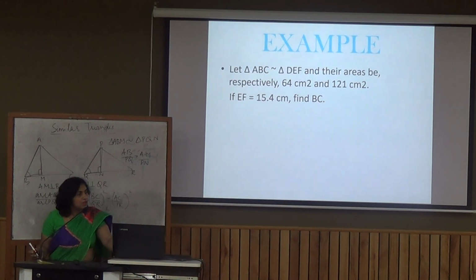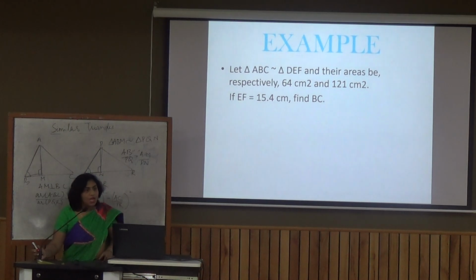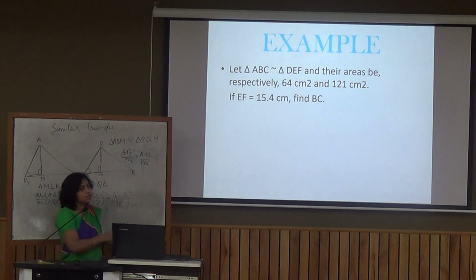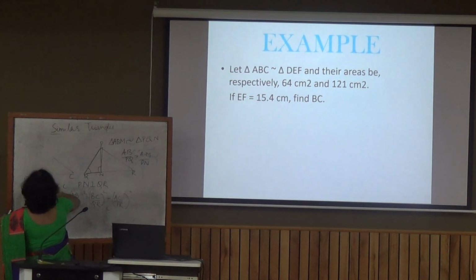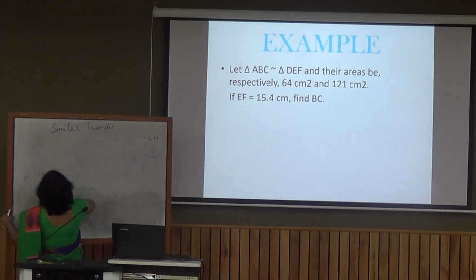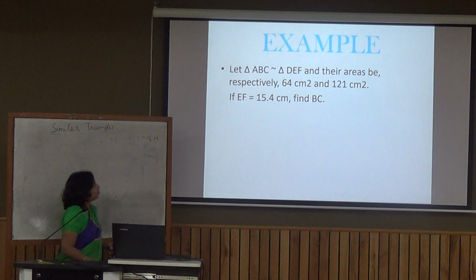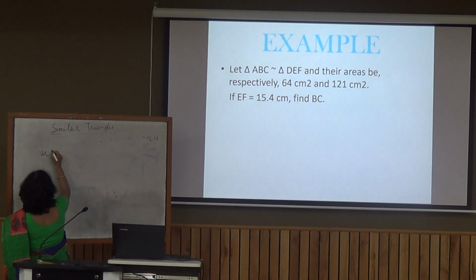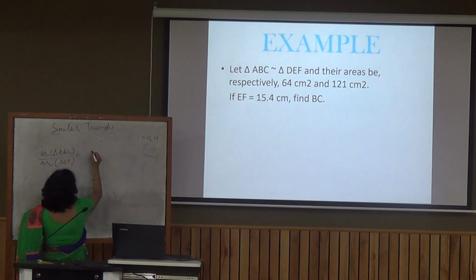Let's take an example. We are given triangle ABC and triangle DEF with their areas as 64 centimeter square and 121 centimeter square. If EF is given to be 15.4, we have to find BC. Now, as the triangles are similar, area of triangle ABC upon area of triangle DEF would be equal to BC upon EF square.